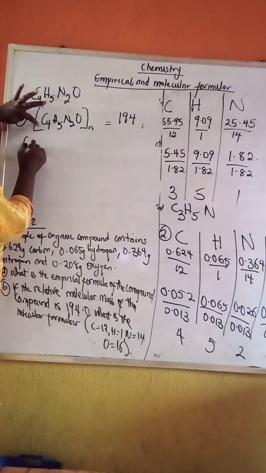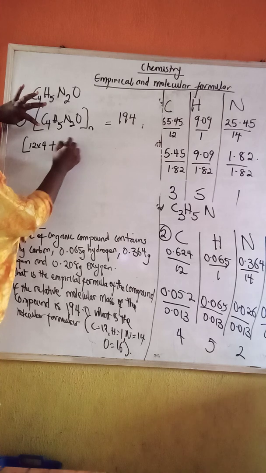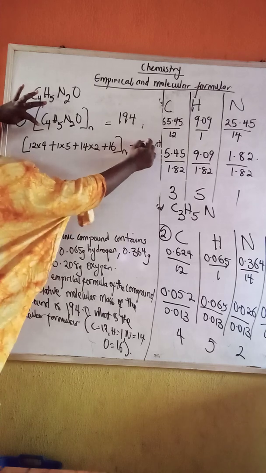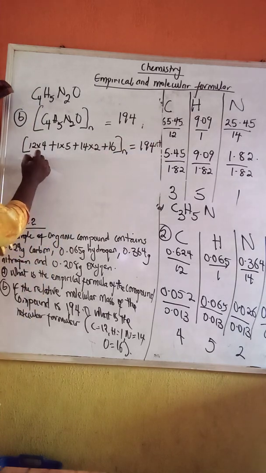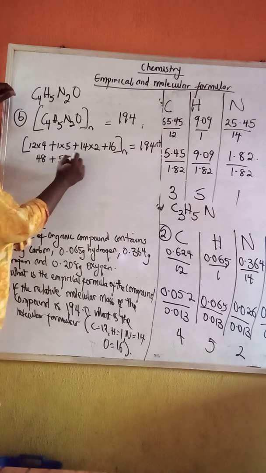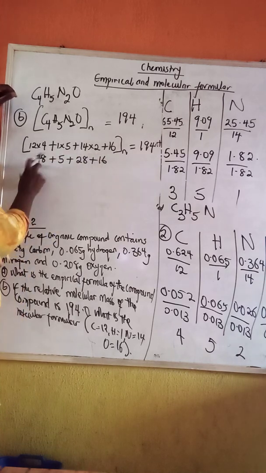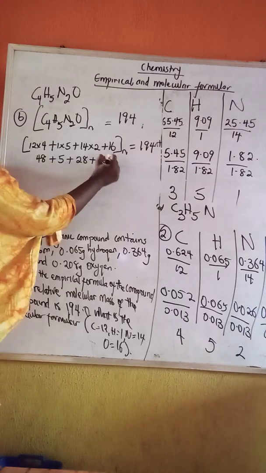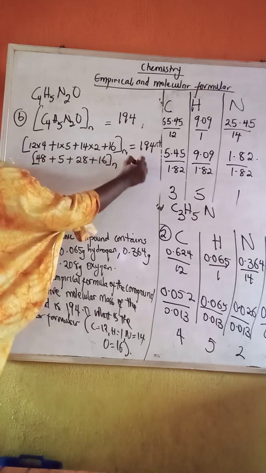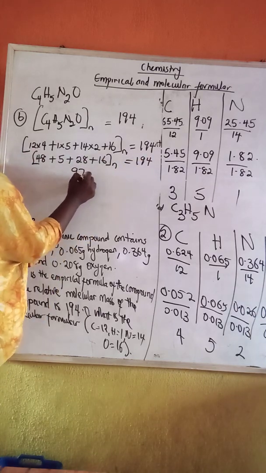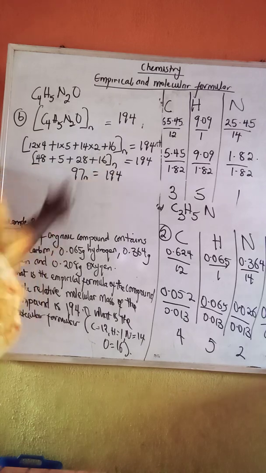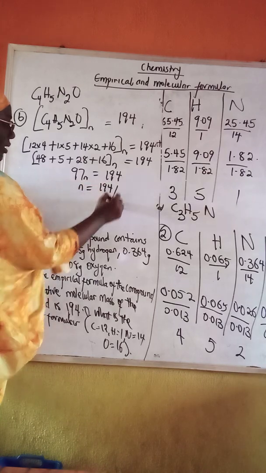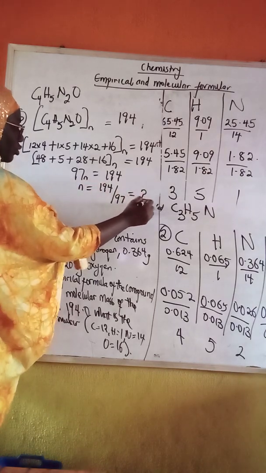So that will be 12 times 4 plus 1 times 5 plus 14 times 2 plus 16, everything n equals 194. 12 times 4, 48, plus 5 plus 28 plus 16 equals 97. So 97n equals 194. If 97n is this, what will be our n? 194 divided by 97, and that will give us 2.